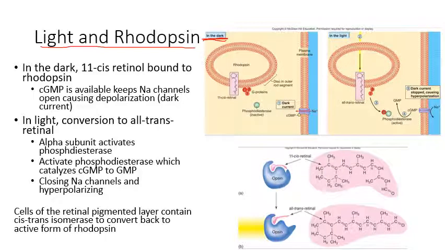What we see in the dark is, here is our pigment that absorbs the light. In the pigment there is this retinol molecule. In the dark, this retinol molecule is 11 cis. It is in the cis configuration, and this is associated with these G proteins.